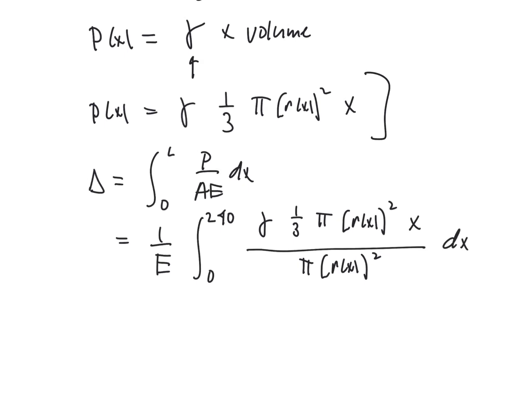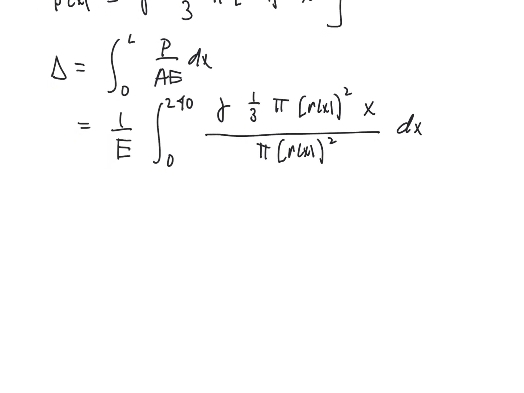Well, lo and behold, in somewhat unexpected fashion, we see that actually the areas cancel. So the pi r squared, that base area, and the base area that we needed to determine the volume are both gone. And so we are left, when we pull all the constants outside of the integrand, with gamma divided by 3E, the integral from 0 to 240 of simply x dx.